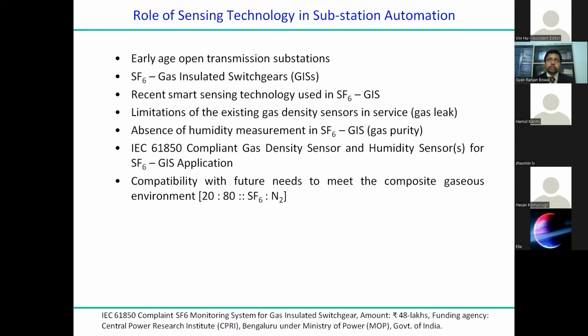Also, please note that in the future scenario, SF6 is not going to be completely used. Right now, in present circuit breakers, we use 100% SF6 gas. SF6 is not a toxic gas, so it is safe for human beings at normal temperature and pressure.